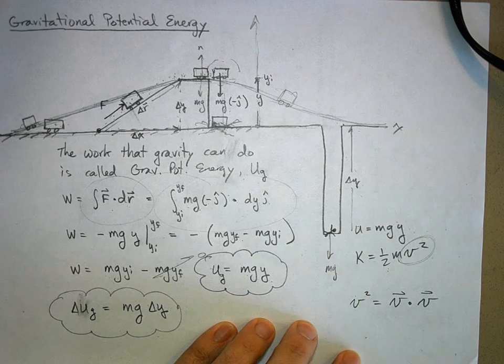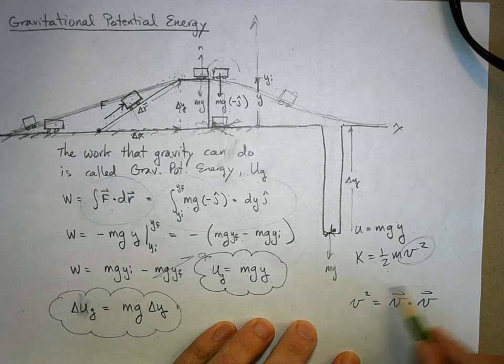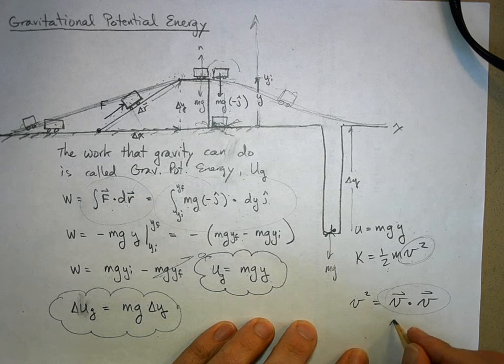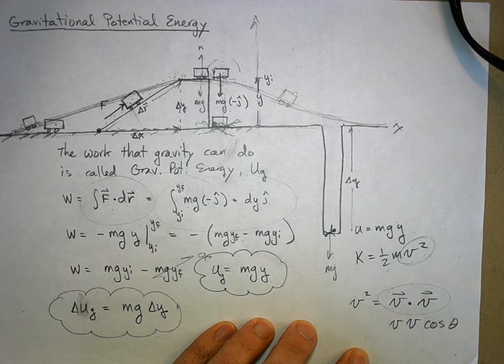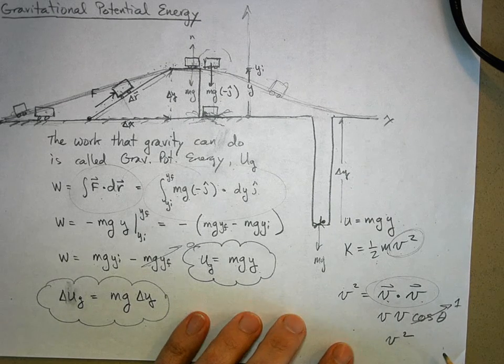When you see a vector that's been squared like this, it's the scalar product of the vector with itself, which is the magnitude of v times the magnitude of v times the cosine of the angle between v and v. Well, what is the angle between a vector and itself? 0, which means that this is 1. So that's v squared. So this is always positive.